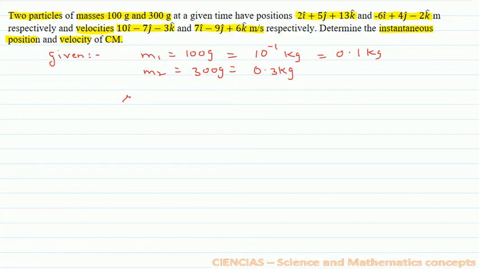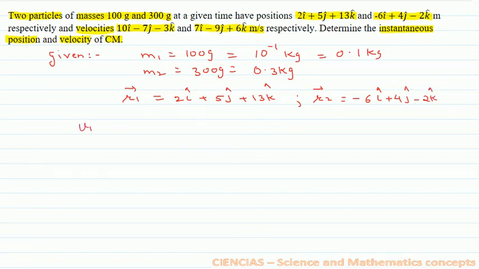Now the position vector of the first object is 2i cap plus 5j cap plus 13k cap, and the position vector of the second particle is minus 6i cap plus 4j cap minus 2k cap.